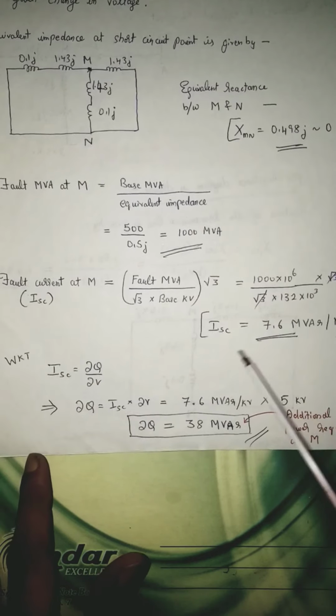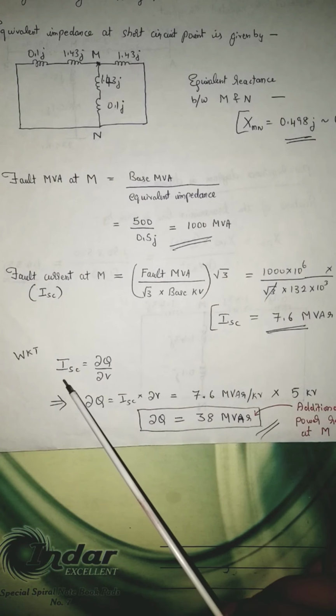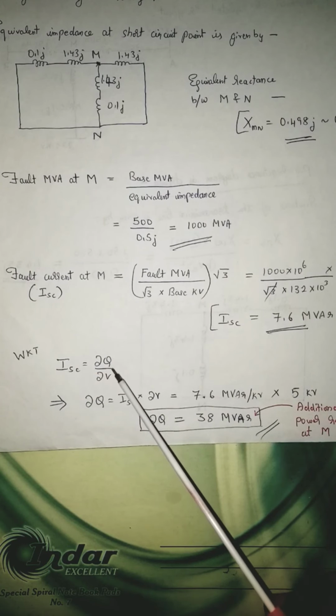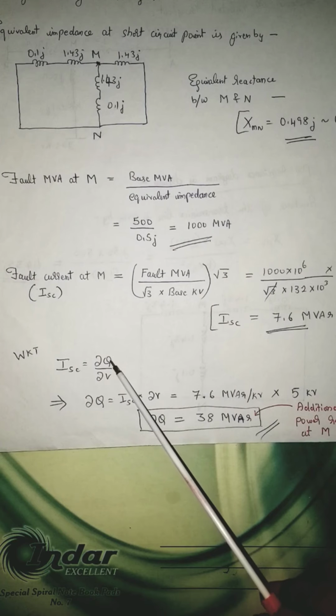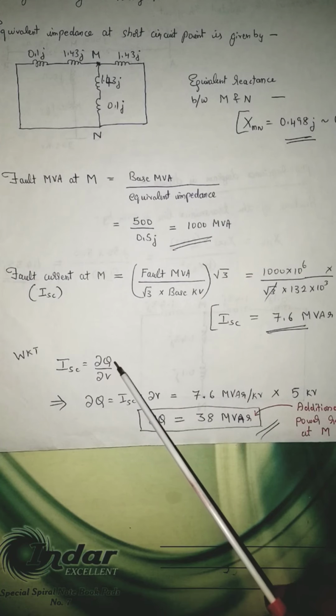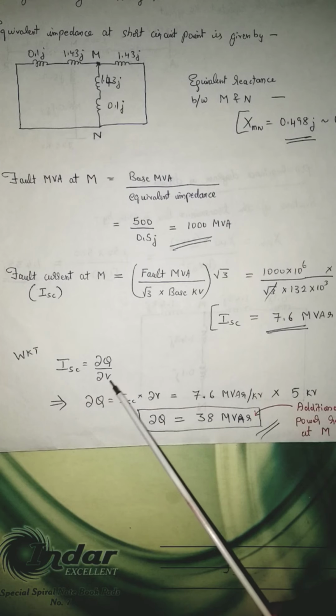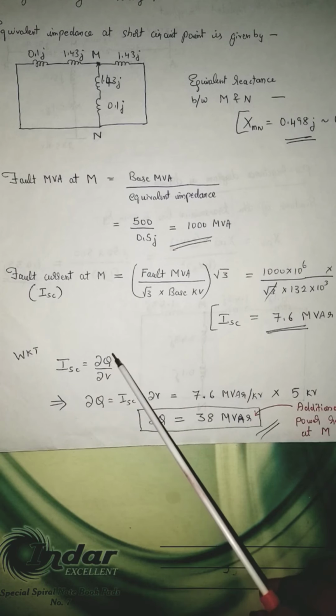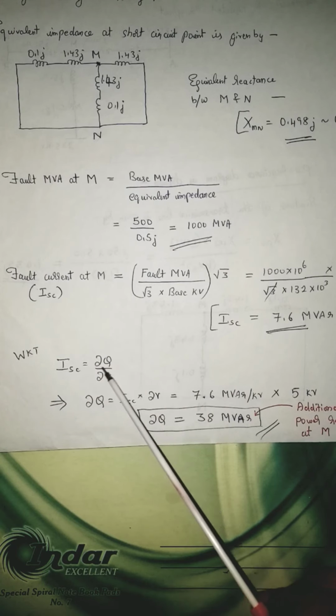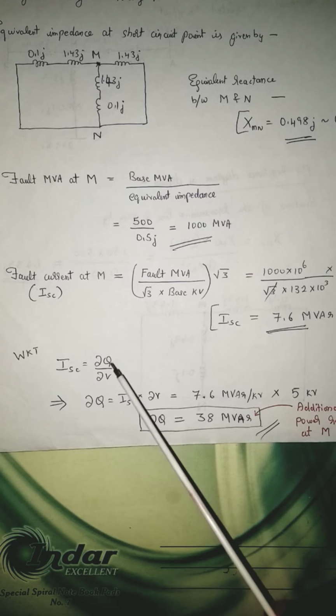Now let us come back to the implementation of the concept. Short circuit current is given by dou Q by dou V. Dou Q is the change in reactive power, dou V is the change in voltage. In this problem, the change in voltage, that is the drop in voltage, is 5 kV. To compensate for this drop in voltage, a change in reactive power is required, that is, injection of reactive power. That's what we are supposed to calculate.